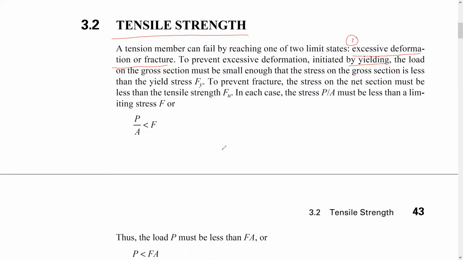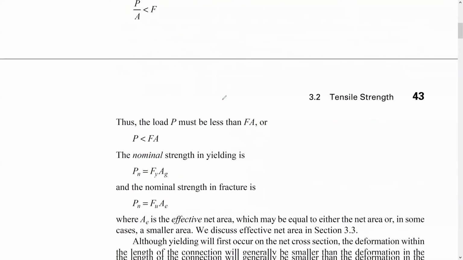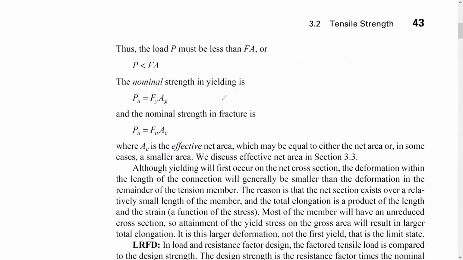So the stress in case of, let's say, excessive deformation, أو خلينا نحكيها نسميها yielding, okay, it should be less than Fy, okay? For, let's say, fracture, this stress should be less than the ultimate stress. We will explain that soon, okay? So the nominal strength in the case of yielding, that's what we are looking for.